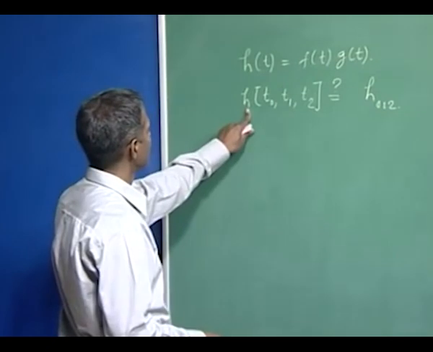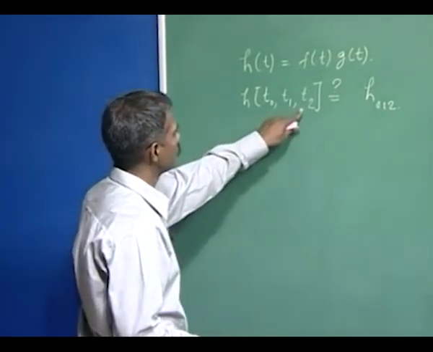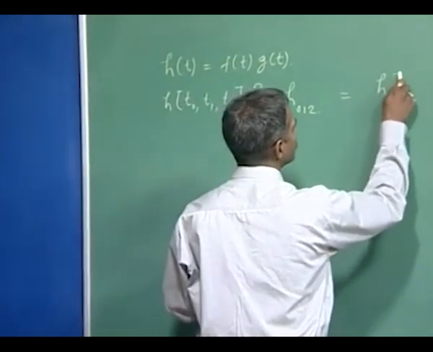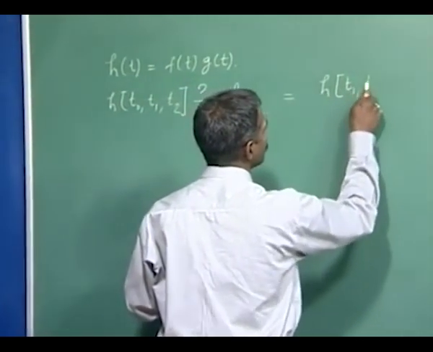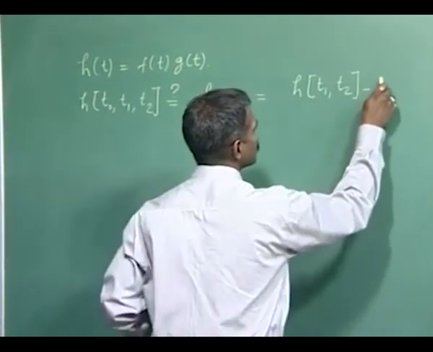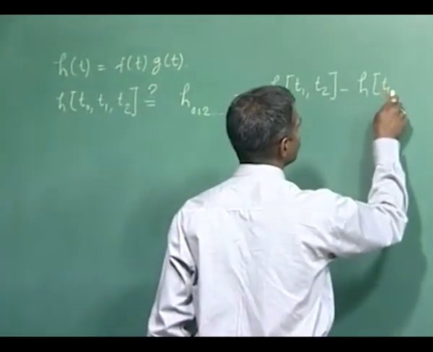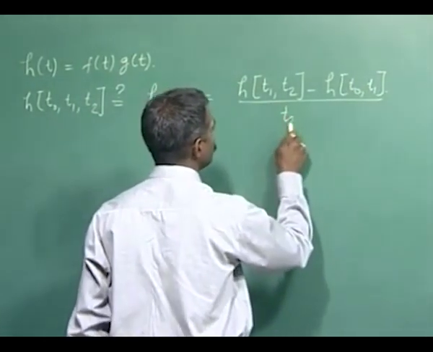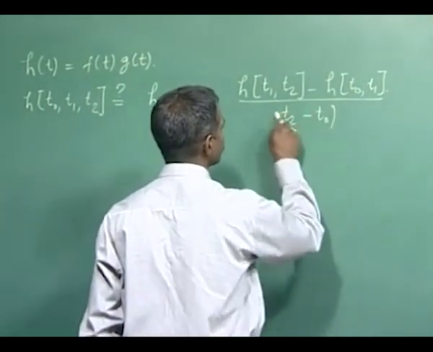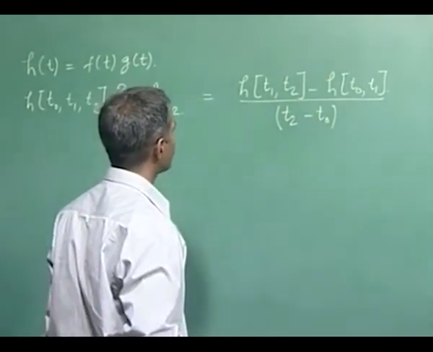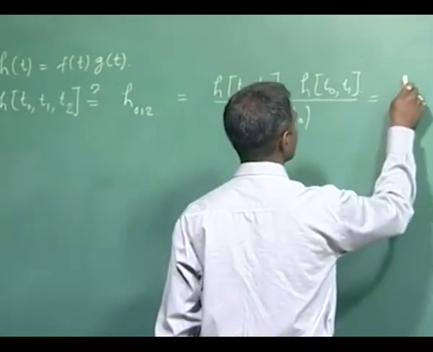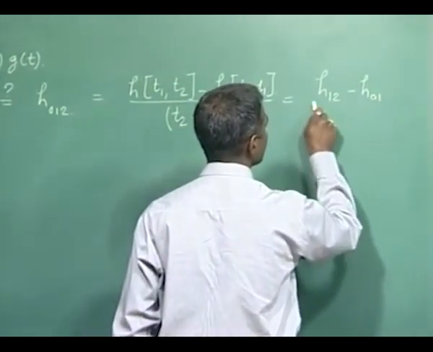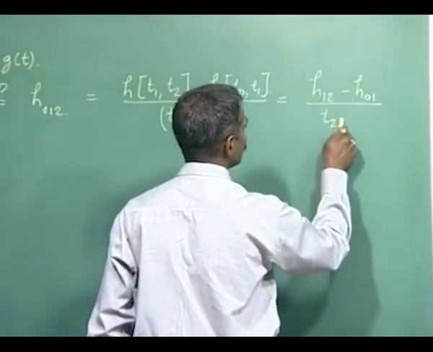Now by definition, h[t0, t1, t2] or h_012 is equal to h[t1, t2] minus h[t0, t1] over t2 minus t0. Using the shorthand notation, this is h_12 minus h_01 over t2 minus t0.